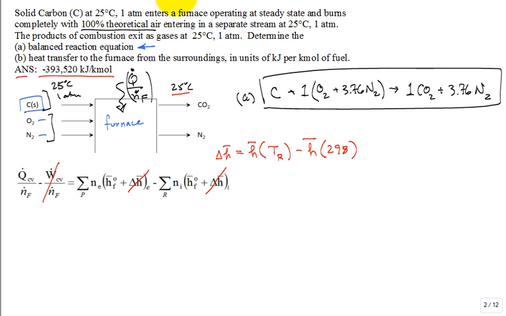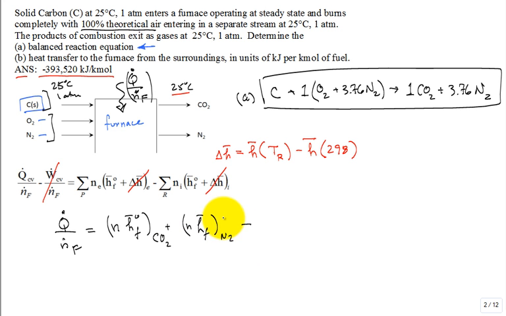So what do we come down with? We have what we're interested in calculating, Q dot divided by N dot is equal to the sum over all the products. Well, this will be the N times enthalpy of formation for the carbon dioxide for the product, plus N times enthalpy of formation for the nitrogen.